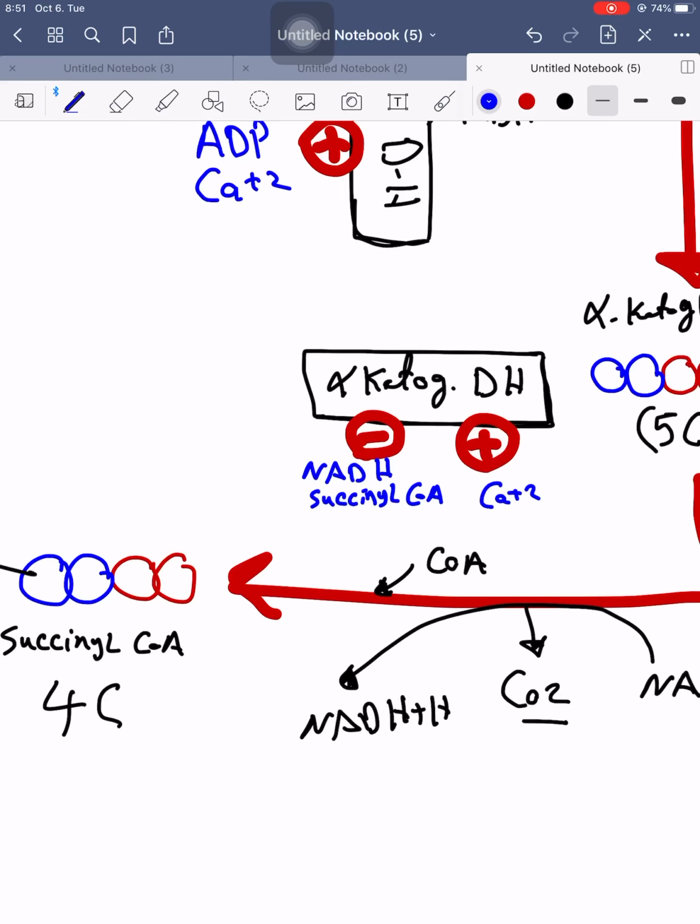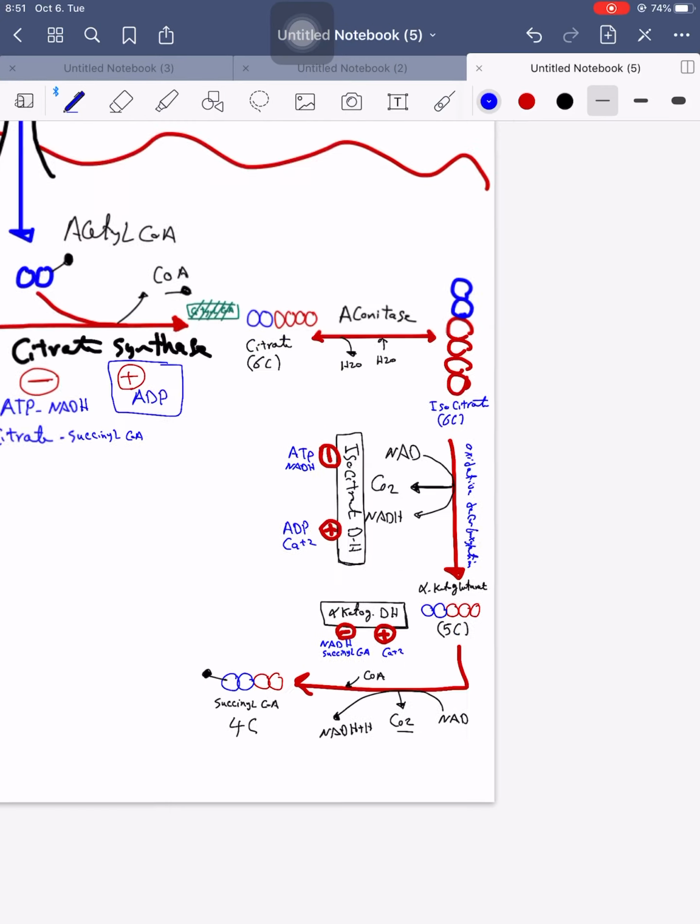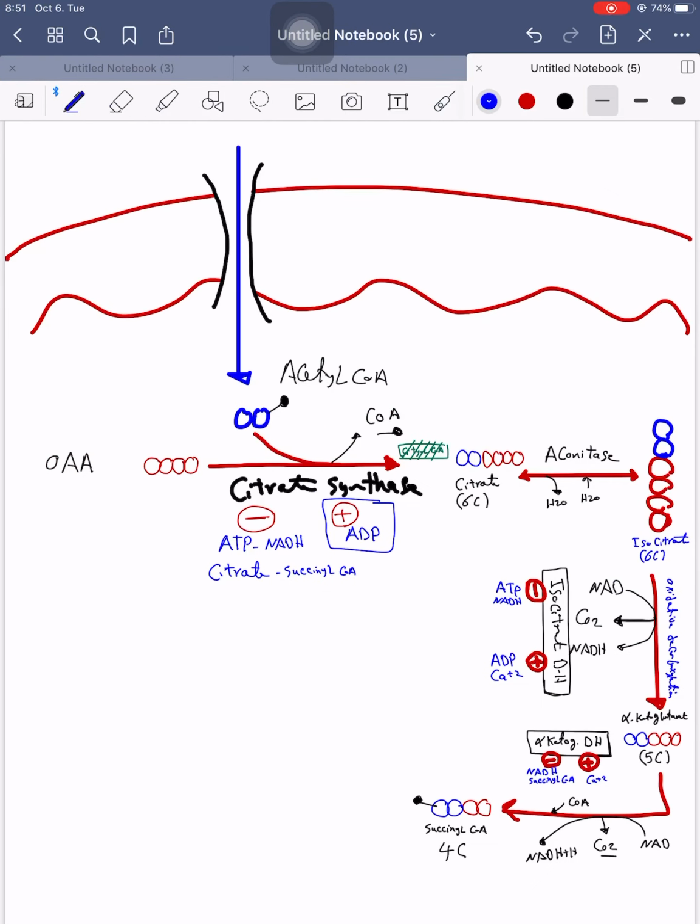Okay. So now we have succinyl coenzyme A. After we have succinyl coenzyme A, we need to convert it to another molecule only by a change in the atom distribution again, and losing the coenzyme A. From succinyl coenzyme A, I converted to succinate.